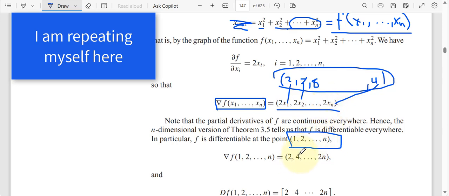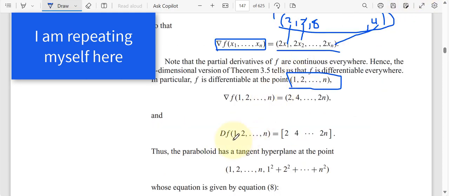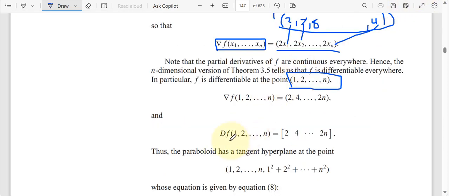This is what you get out. 2 times 1 is, I'm sorry, 2 times 1 is 2. This one is 2 times 2 is 4. And the last one is 2 times n. So you get something like this out. Then if you want, you can ask what's the derivative of f at this so-called point.